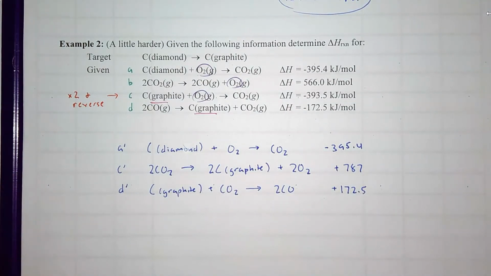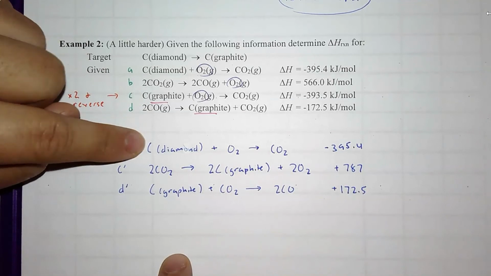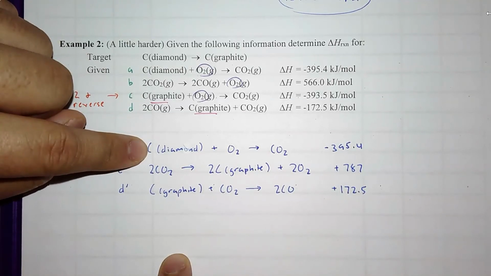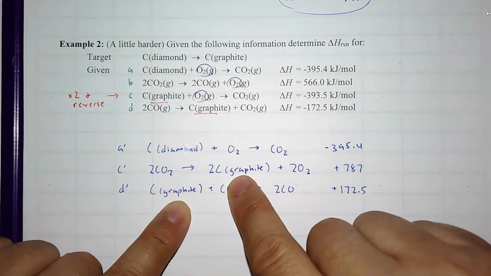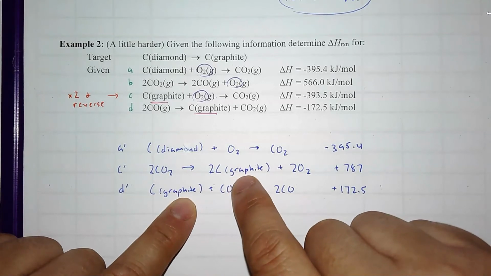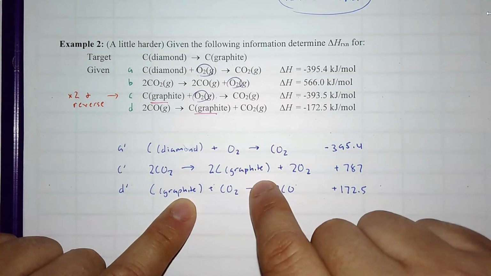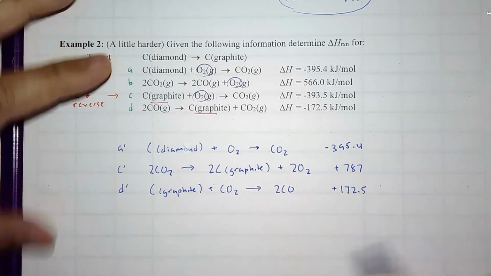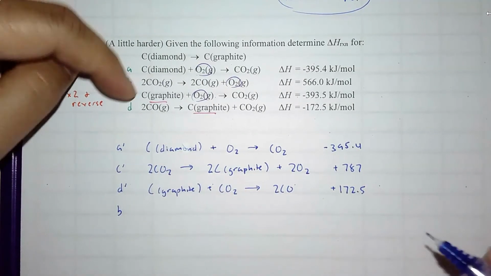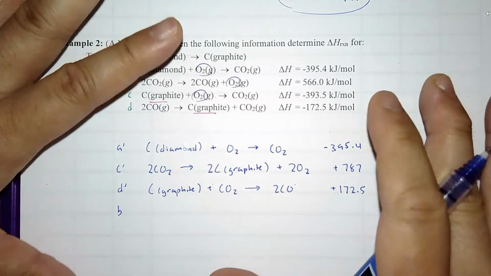Next, I'm optimistic because I have C diamond on the left, and when these cancel out, I'll be left over with 1 C graphite on the right. It's B now that we may have to manipulate to try to get rid of all this other junk.